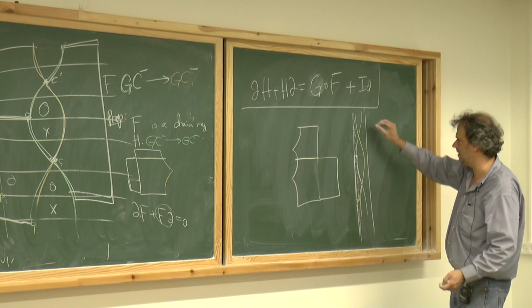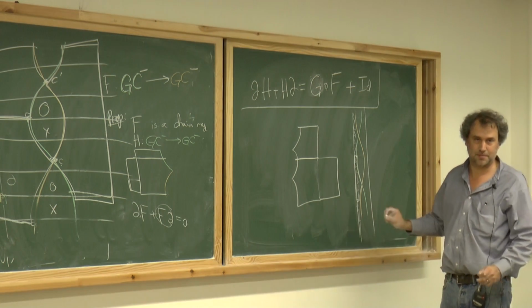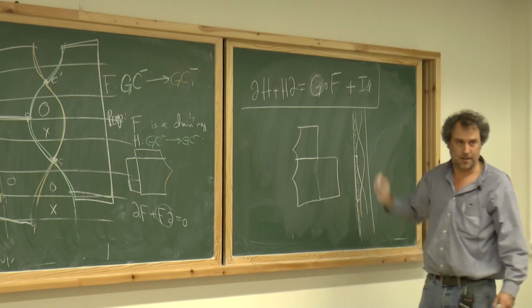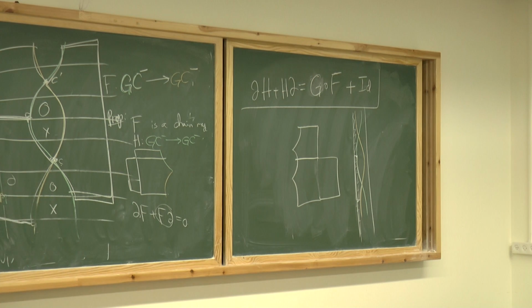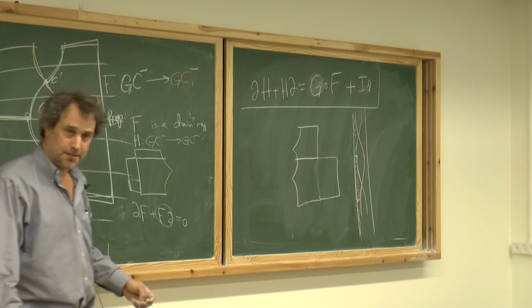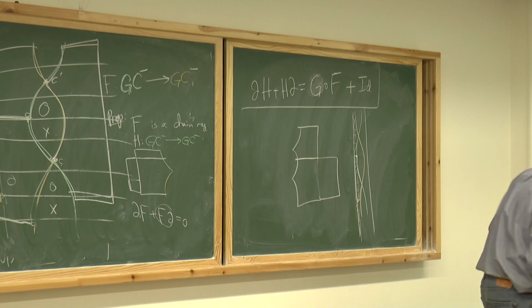And you have to check that there isn't anything else, but that's the point. So F and G are homotopy inverses to each other, so they induce isomorphism in homology.